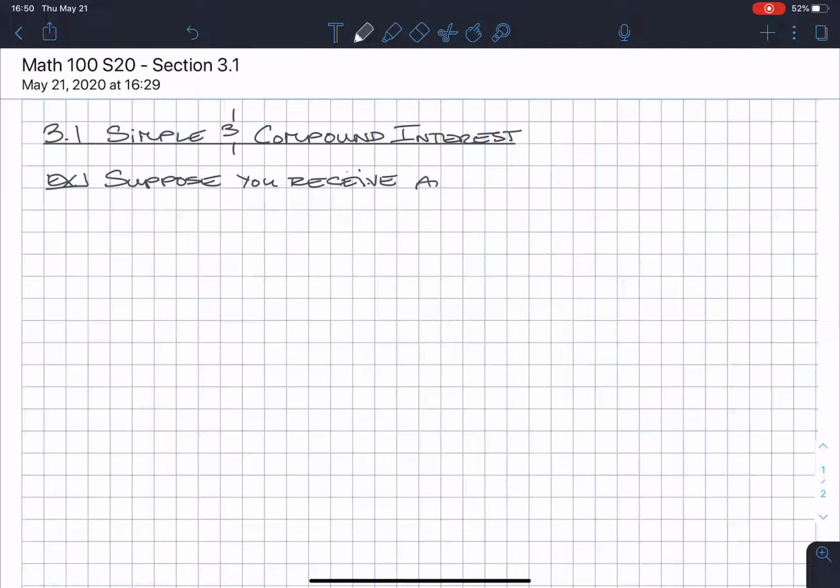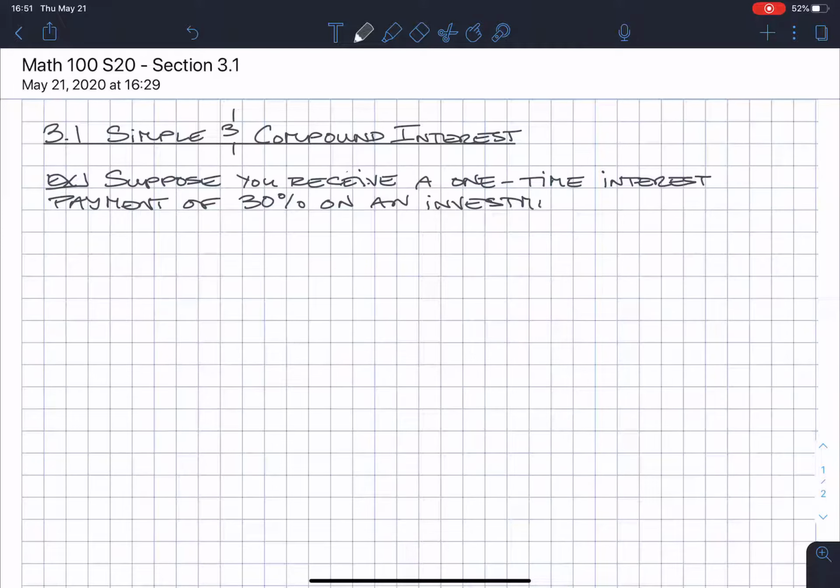A one-time interest payment of say 30% on an investment of, let's do $2,400.